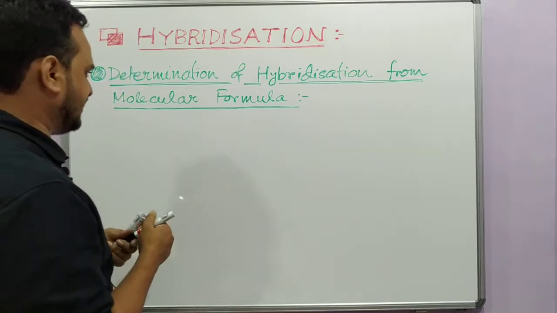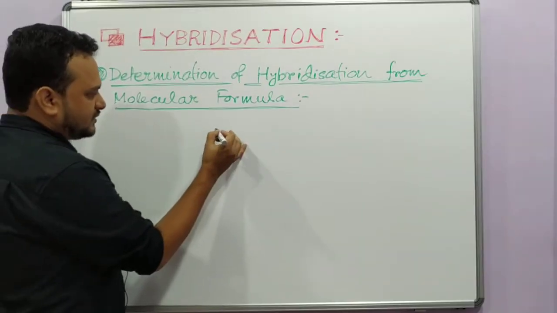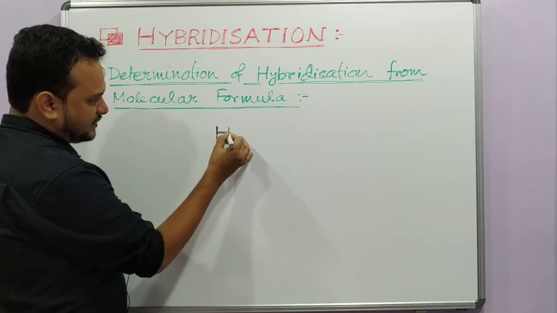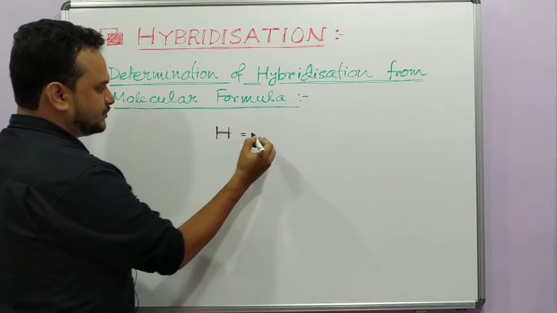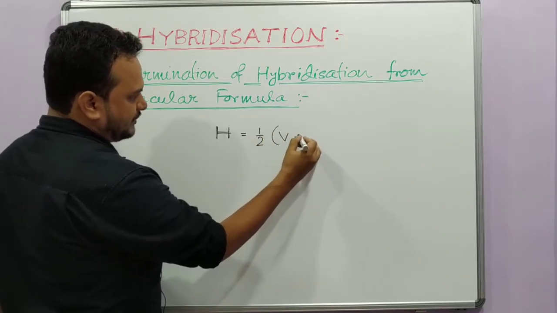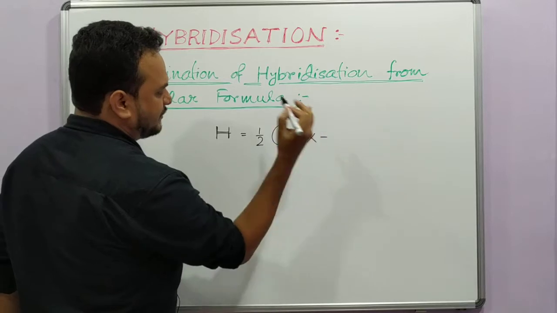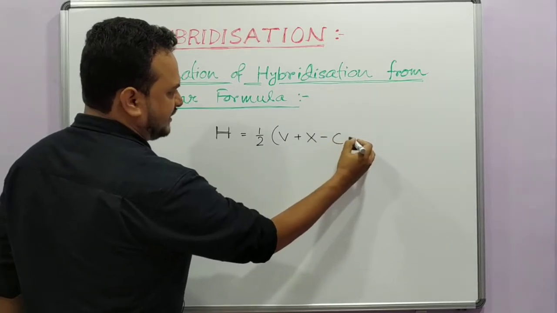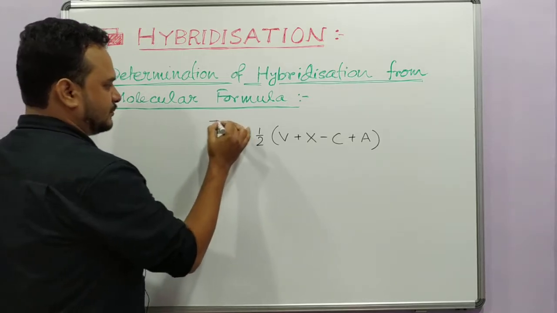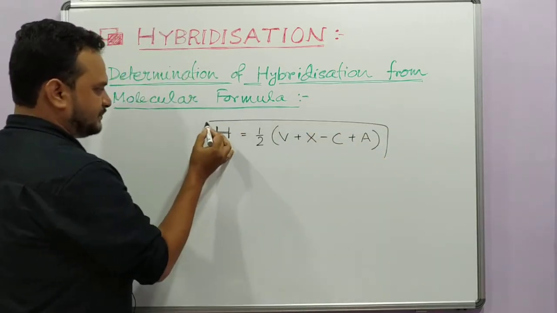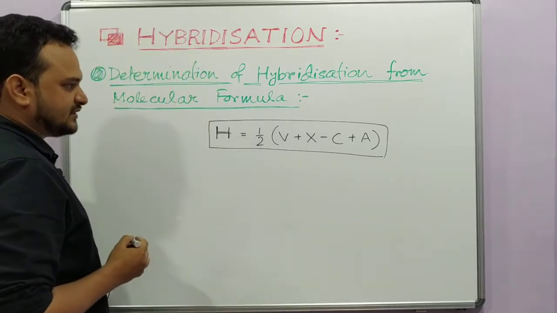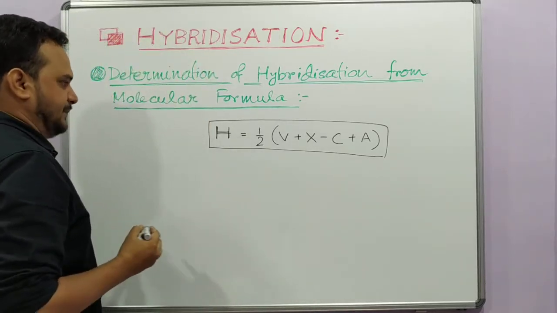So the formula you will use here is H equals half into V plus X minus C plus A. This is the formula. I will explain each and every term.